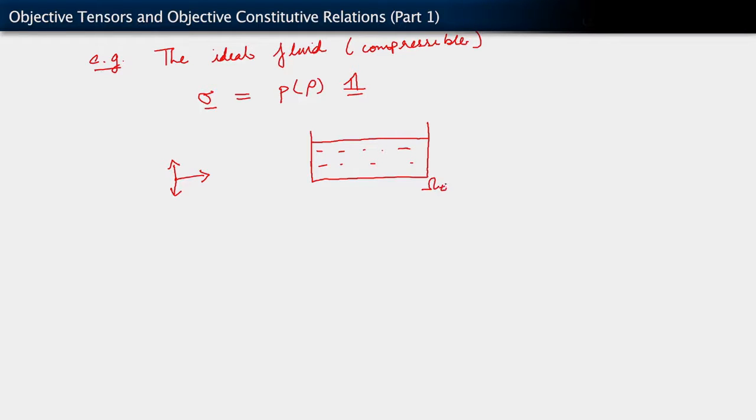Now we're applying a rigid motion on that current configuration, so we're sending that current configuration off to, let's say, omega t plus.